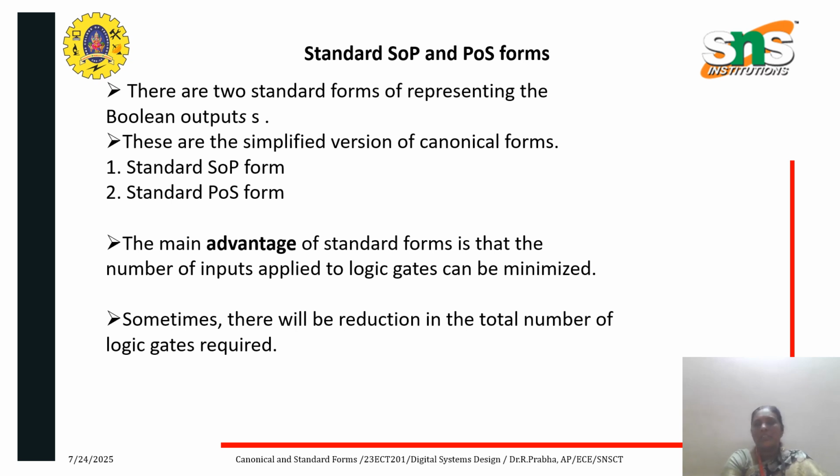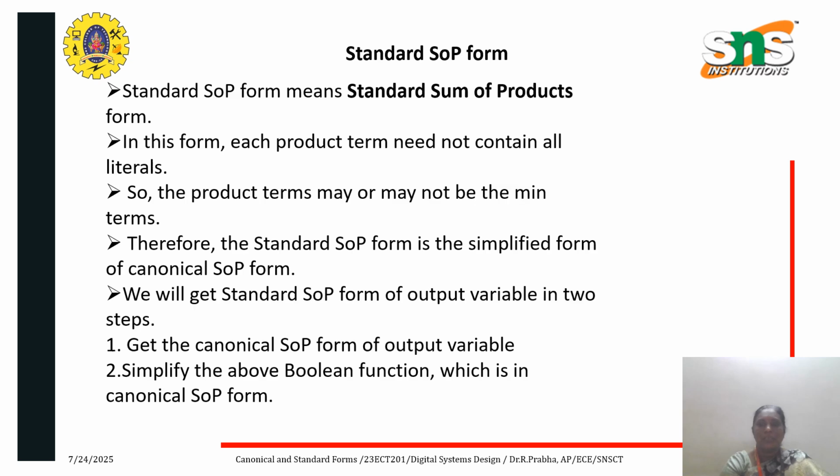As we have seen already, if the number of gates is reduced in a logical function, it reduces system complexity. And the standard SOP need not contain all the literals, may or may not be in the minterm, and therefore standard SOP form is the simplified form of canonical SOP form.